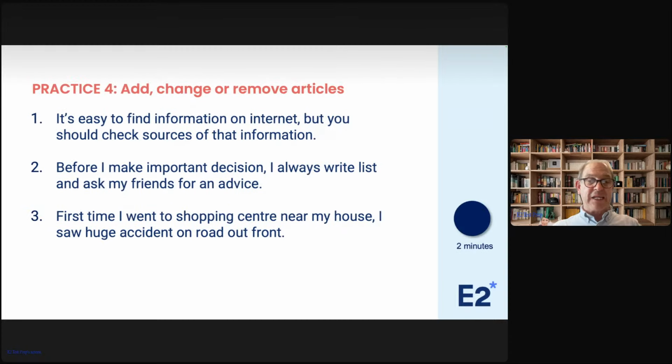All right, can you give this a go? Check if you can fix these. Fix it in a minute. All right, clock's ticking. Says 2 minutes.